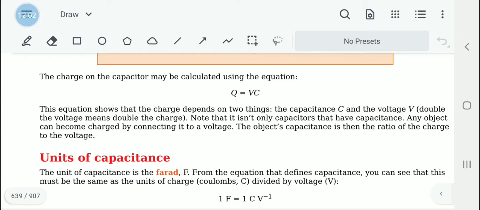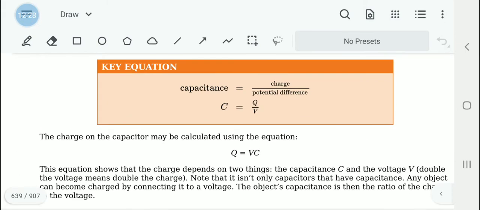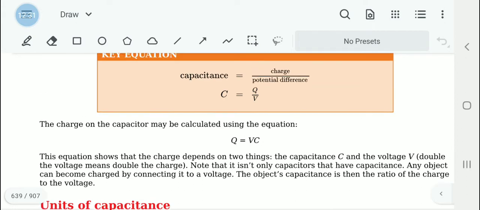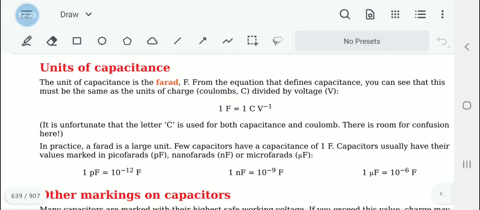Not only capacitors can be charged, therefore not only capacitors would have capacitance. If you connect any object to a voltage, charge would get built up. The capacitance of that object is obtained by this equation: capacitance is equal to charge upon voltage. So that is something that you must remember.